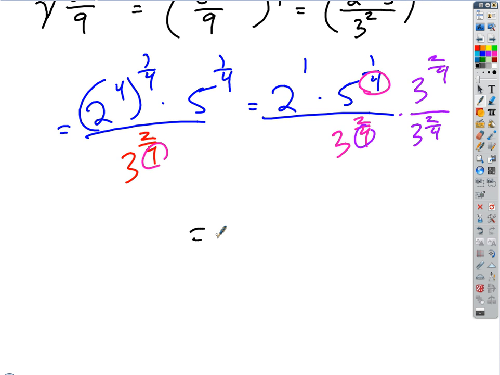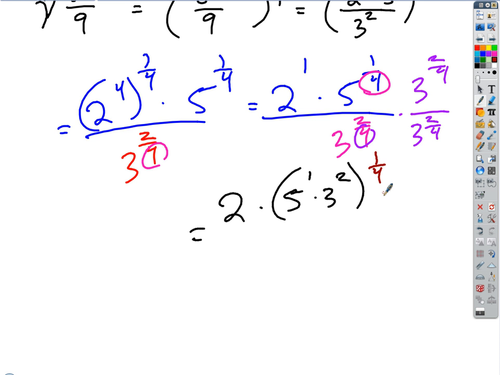On the top, we end up with 2 times 5 to the 1/4 times 3 to the 2/4. Isn't that the same thing? Now look, if I factor out a 1/4, because if I have a product of powers I can factor out a power, I can write that as 2 times 5 to the 1 times 3 squared, all to the 1/4.